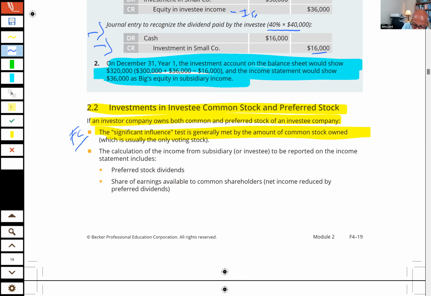The calculation of income from the subsidiary is going to be the combination of the preferred dividends, whatever they would probably give you in that problem, and our share of the income available to the common shareholders. The income available to common shareholders is going to be the net income minus the preferred dividend.